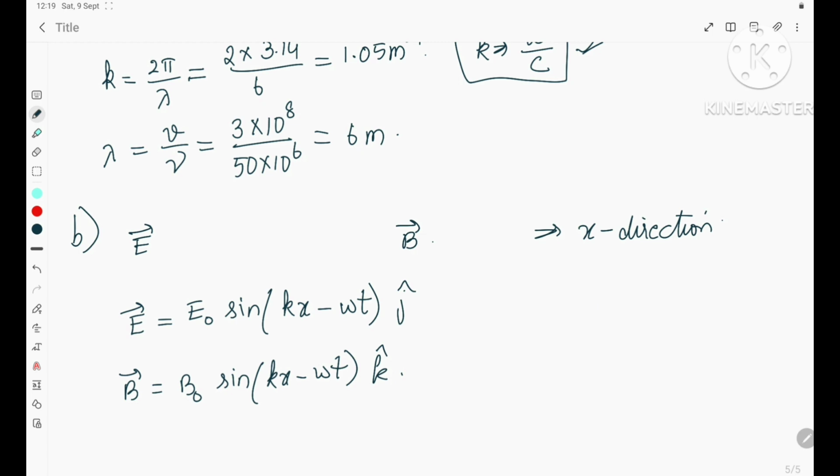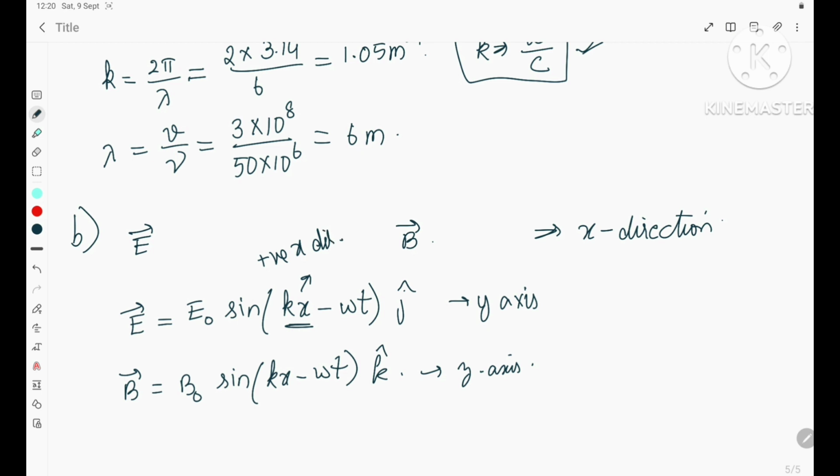Now, what does this represent? This j cap represents that the electric field is along the y axis and the magnetic field is along the z axis. Okay, and this represents that the wave is traveling in the positive x direction.